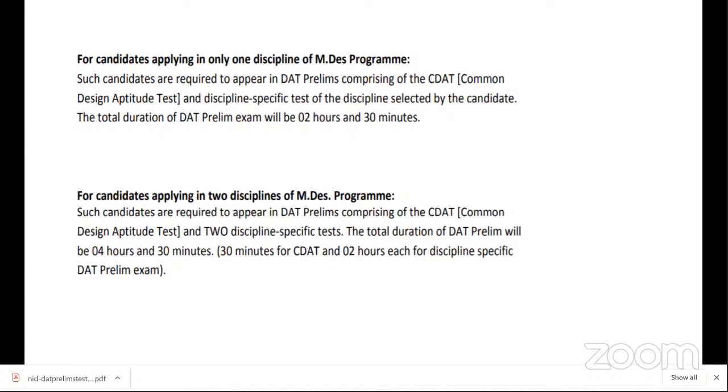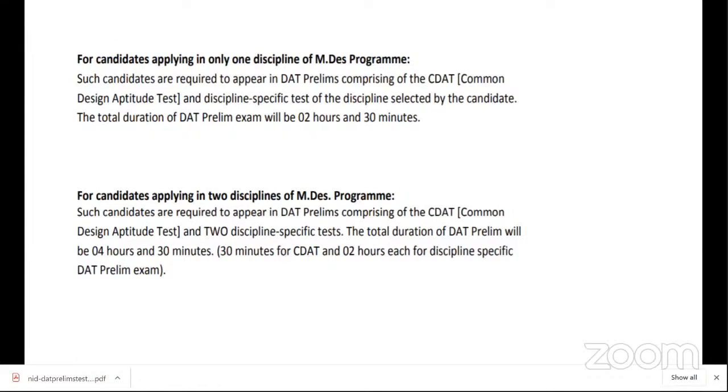Mostly it will have subjective and objective questions. Then the design discipline specific test will follow. If you have opted for only one design discipline, you'll have 2 hours of test, so in total a 2 hours 30 minutes test.